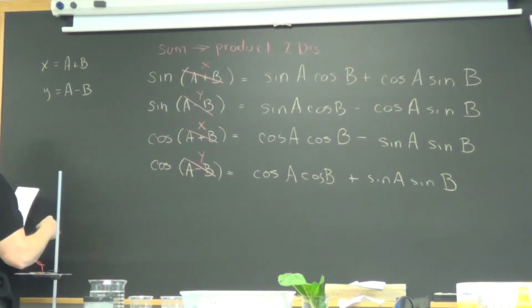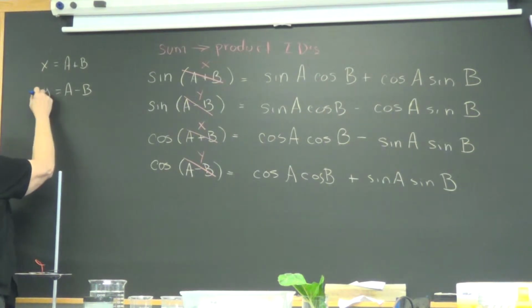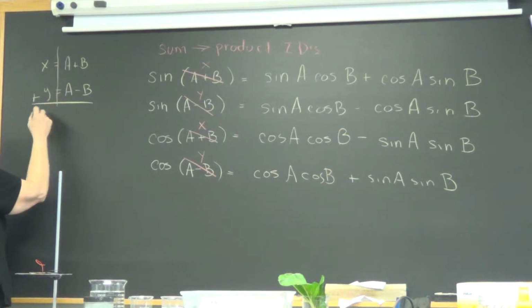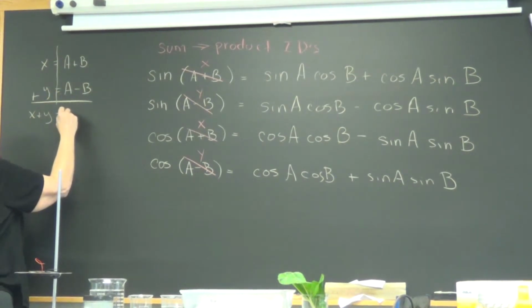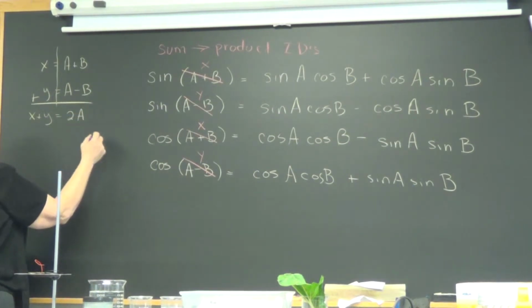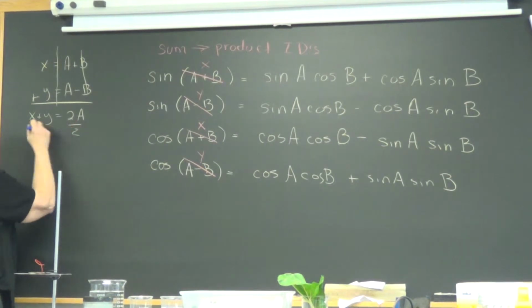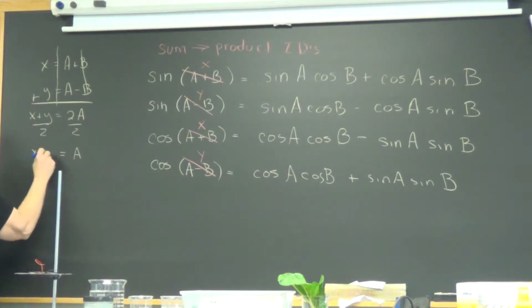And I'm going to do that by just adding these two equations. In math, we like to add equations. So if I add the left side, I get X plus Y equals 2A. And the B's cancel. So I divide by 2, and I get A equals (X plus Y) over 2.